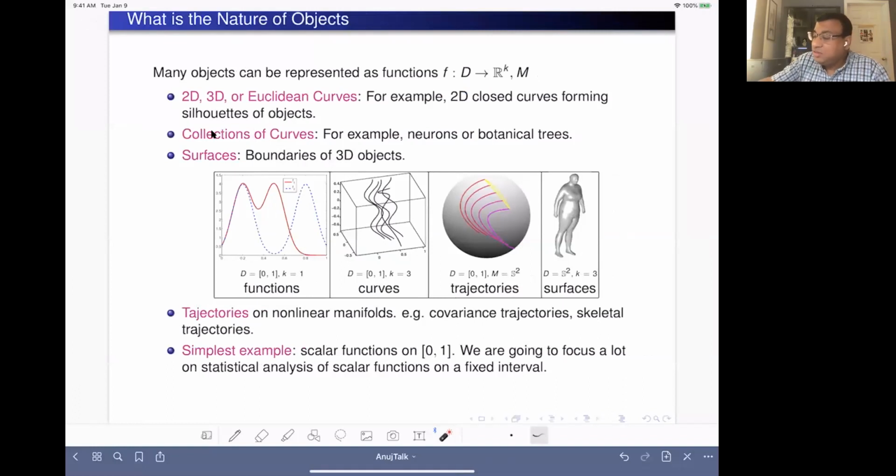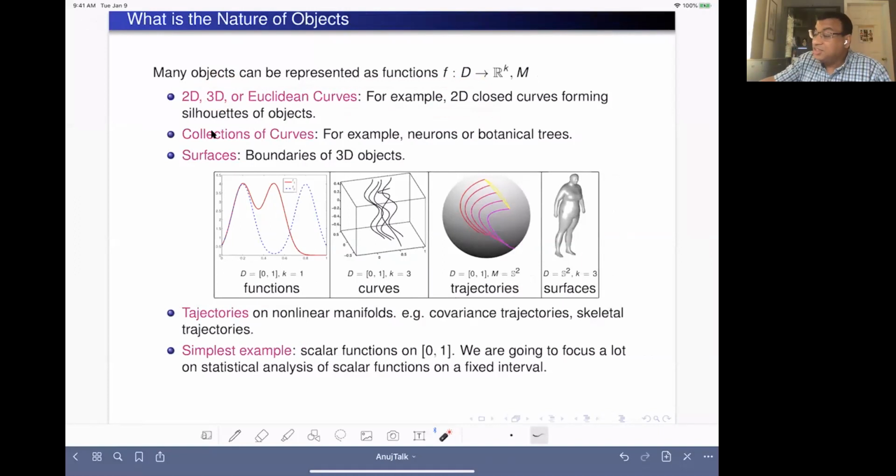I just want to get a little bit more abstract and mathematical about the nature of these objects. Some of the simpler objects I showed you were just curves. Maybe they were two-dimensional curves, simple closed curves in a plane. For proteins, we can view them as curves in 3 dimensions, and sometimes as curves in a much higher dimension.